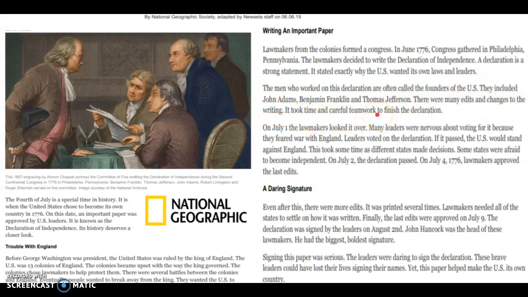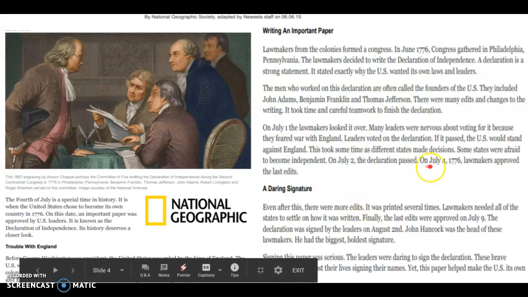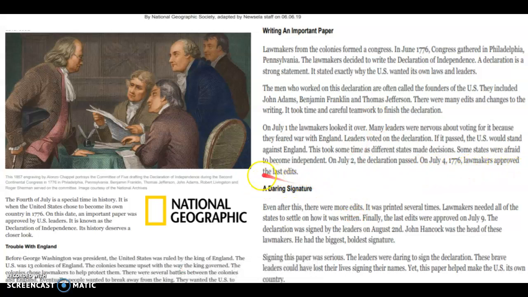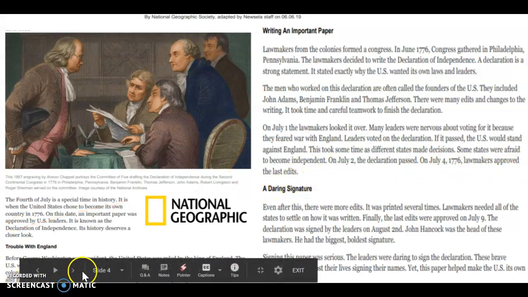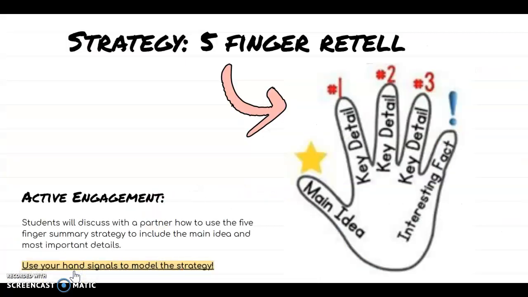If you need to, you can pause the video. The last detail is that on July 4th, 1776, lawmakers approved the last edits. So I want you to take some time, pause the video, and highlight this sentence on your paper. Good job. Now we're going to move on.